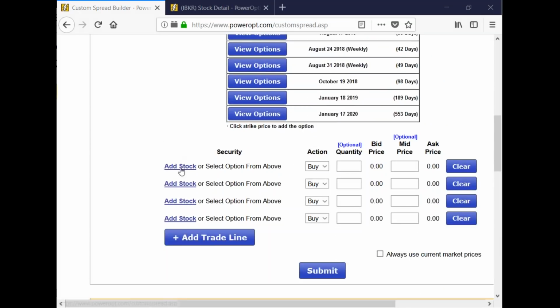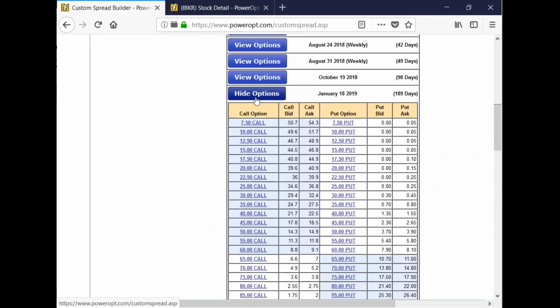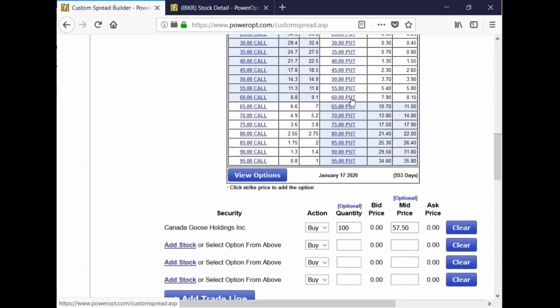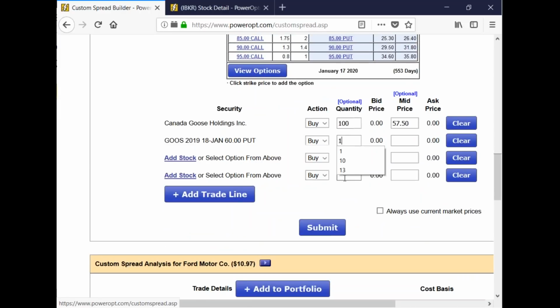All right, so let's say we did, I'm going to stick with this one. I said 57.50, 60 January put. It's now out of the money. I could roll it, but anyway, we just want to be in the proper structure. It was closer to $9 or $10, wasn't it?